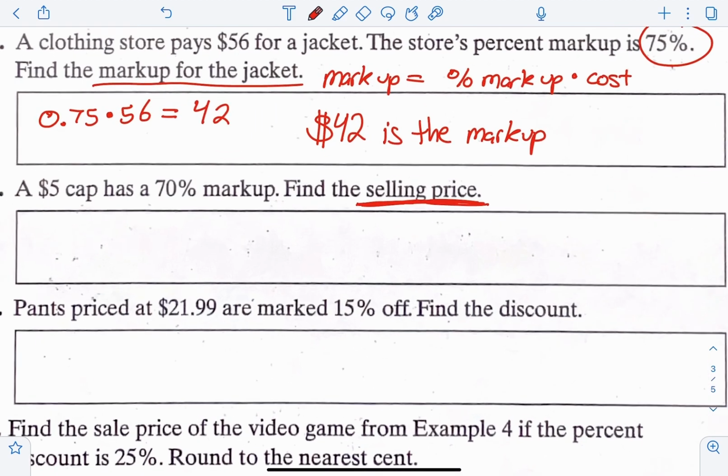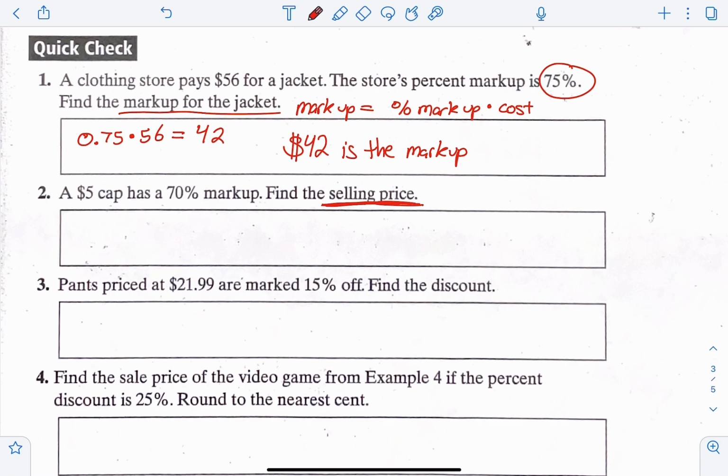Okay, so to find the markup, which was step 1, we should have 0.70 times 5, because we have 70%, which we turn into 0.70, times 5, because that's the cost. When we do that, we should get 3.5 as our markup.